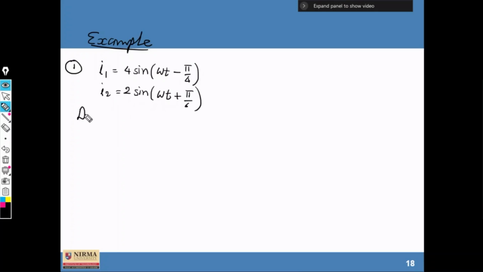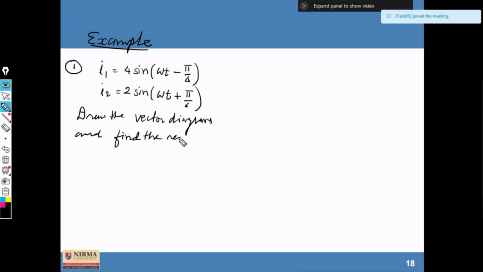The question is to draw the vector diagram and find the resultant current of the given equations.